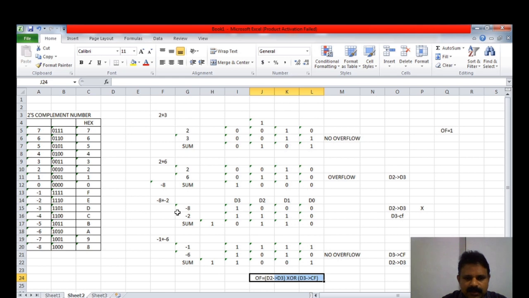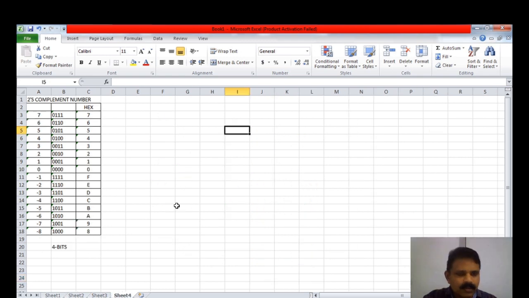Let us take some 8-bit numbers and check whether it is correct or not. This table shows the 2's complement representation using 4 bits. Suppose a 4-bit register contains the value 1010.